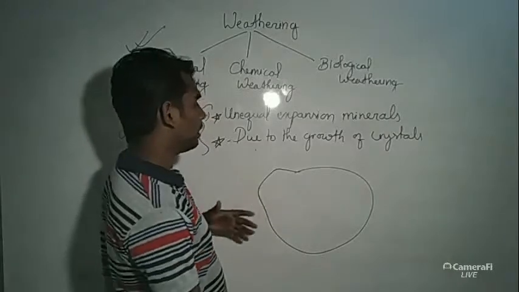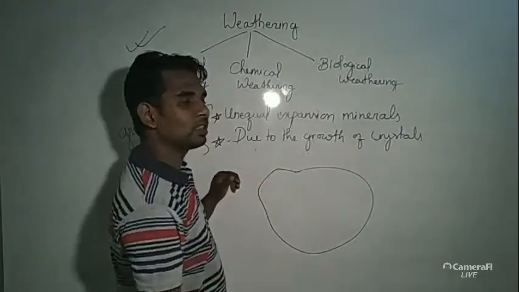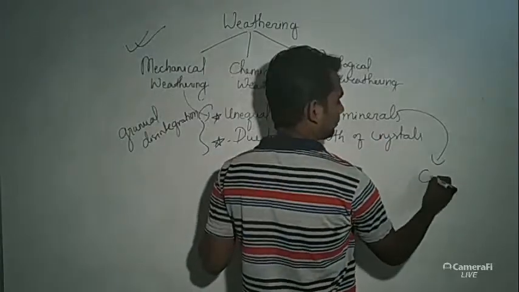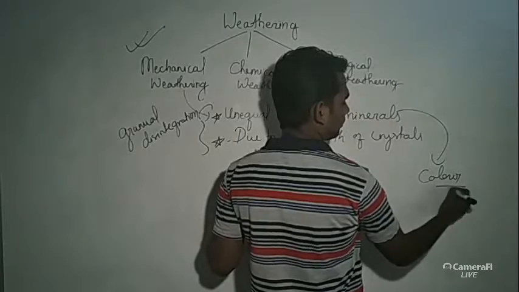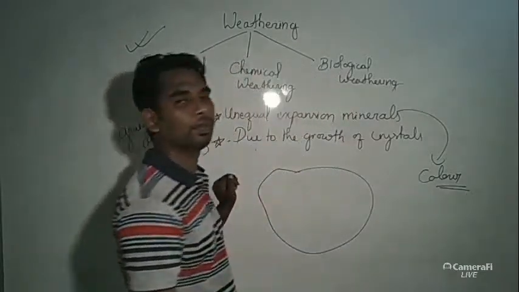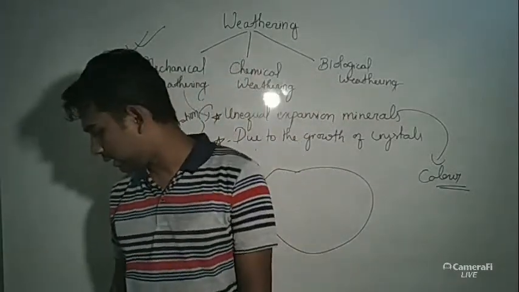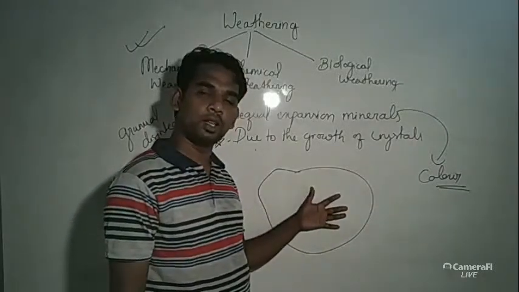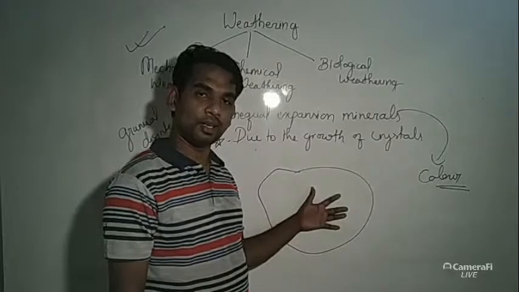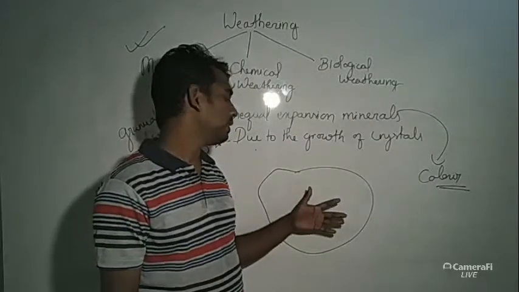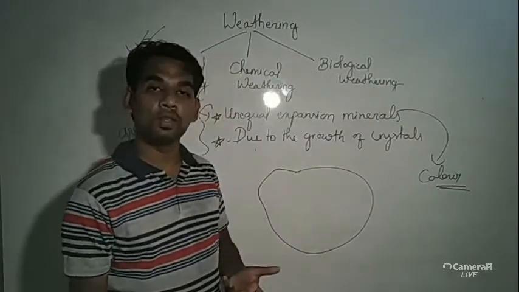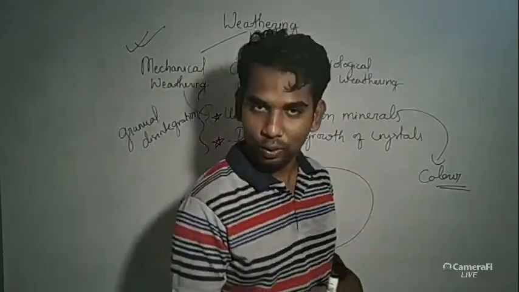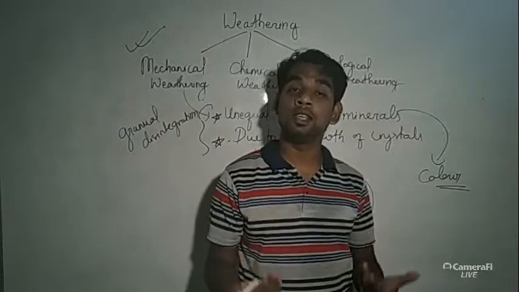So here, the example of unequal expansion of minerals is based on color. If any element present inside the rock is dark in color, you know very well in the summer season when you put on dark clothes like black clothes, you feel extreme heat.